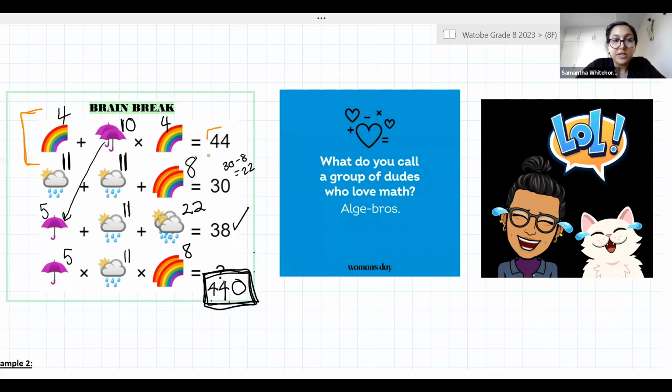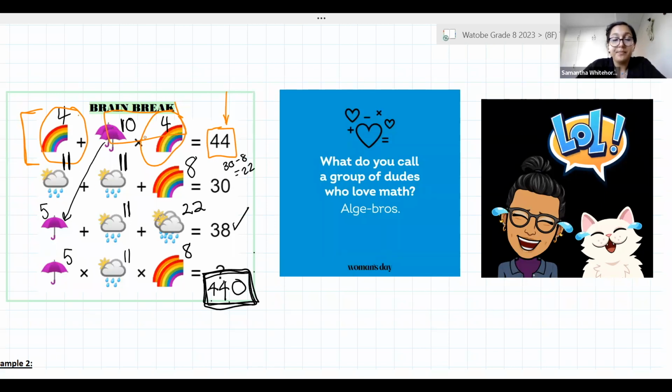I needed to get 44. I knew that whatever I was multiplying, I also needed to add. So I had to ask myself, what's going to get me to 40 or close to 40 that I can then add to get me 44? And that's how I knew that 10 times 4 plus the same number 4 would give me 44.